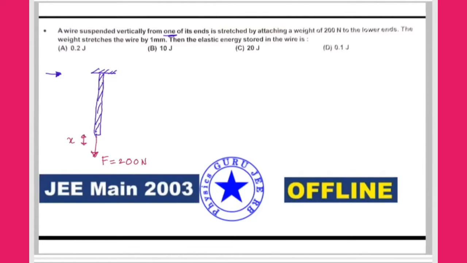When there is elongation, two things will be there. The first one is the work done by external force. Just now we discussed work done by external force. Work done by external force is nothing but W equals F dot X. Of this, half of the work done is stored in the form of elastic potential energy.